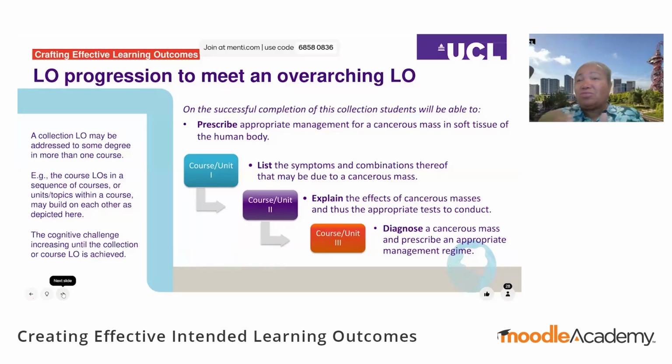By the end of Unit 3 or Course 3, they can go on to diagnose a cancerous mass and prescribe an appropriate management regime for the patient. So on the successful completion of a collection of these courses or units of learning, students are able to prescribe appropriate management for cancerous mass in soft tissue of the human body. So you can see how they build to help the student achieve the final outcome of the collection.